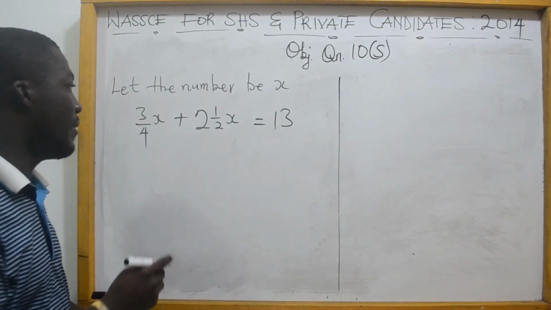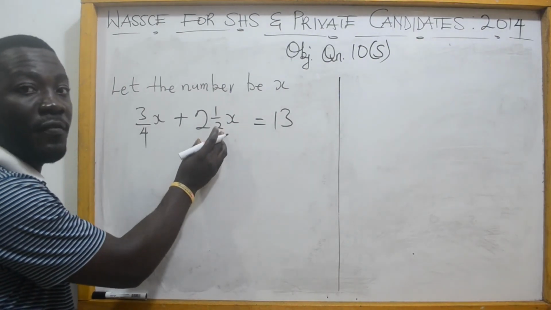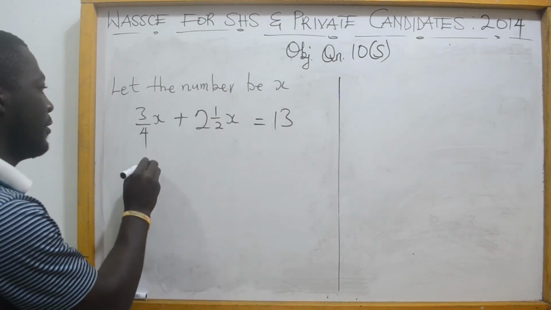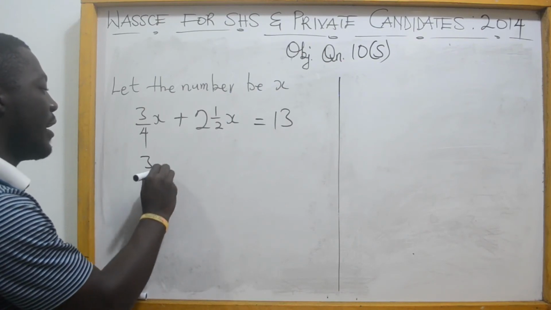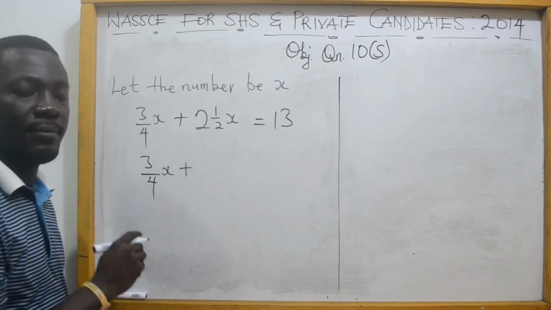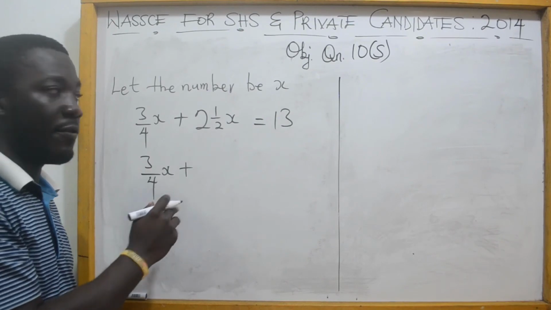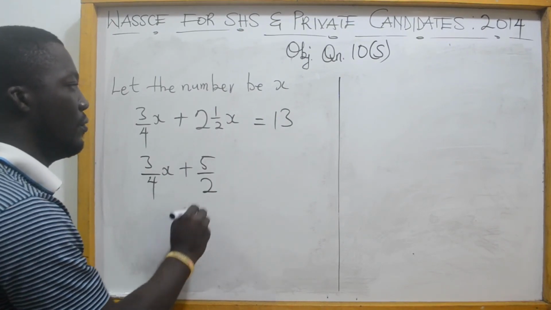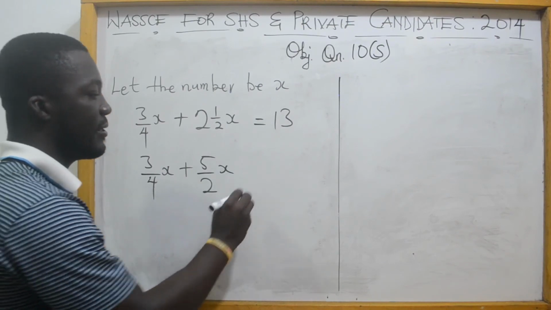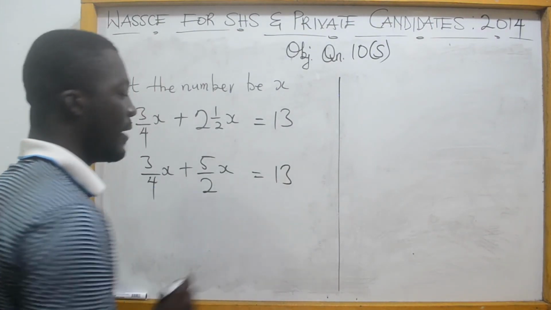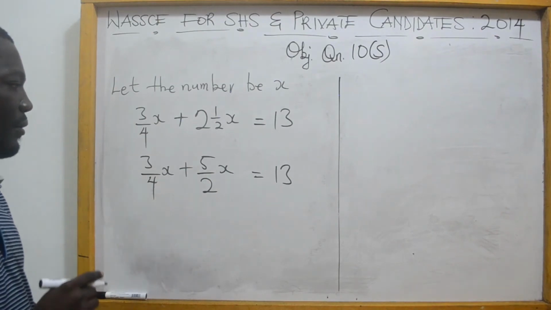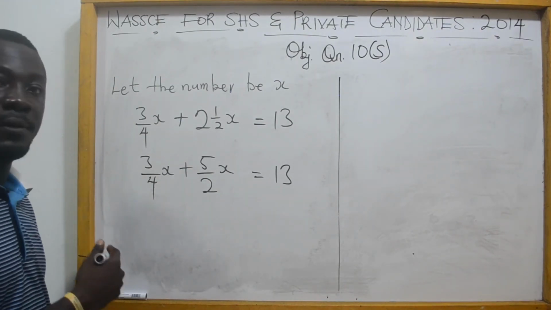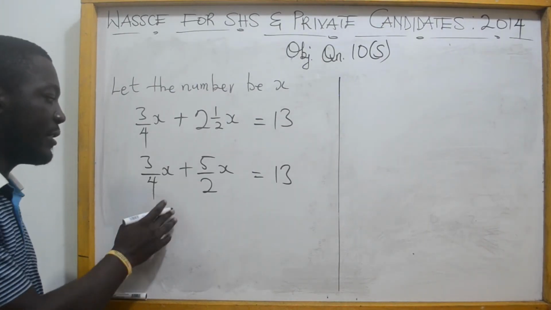We are going to solve them. First of all, we convert the mixed fraction to improper fraction. We get 3/4 x + (2 times 2 is 4 plus the 1, 5) 5/2 x = 13. For the next step, we can multiply through the terms by the least common denominator, which is 4.